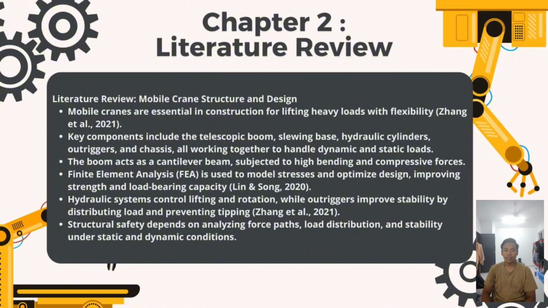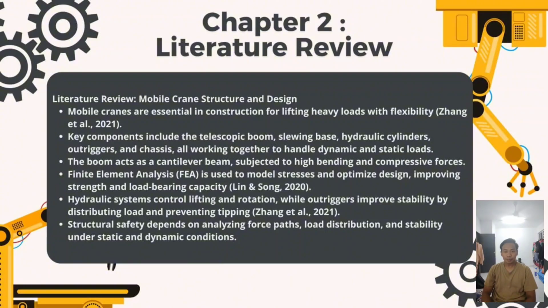Stability is another crucial factor, achieved through outriggers that distribute the crane's weight and prevent tipping. Proper deployment of outriggers is essential, especially when working on uneven or soft ground.